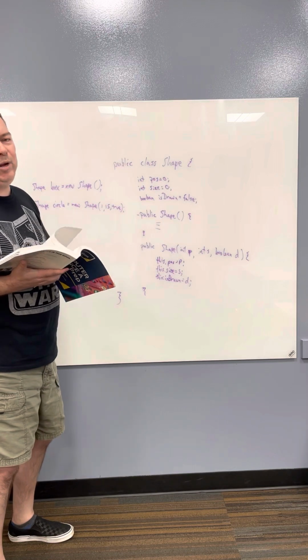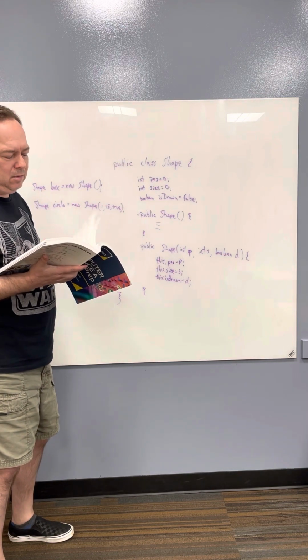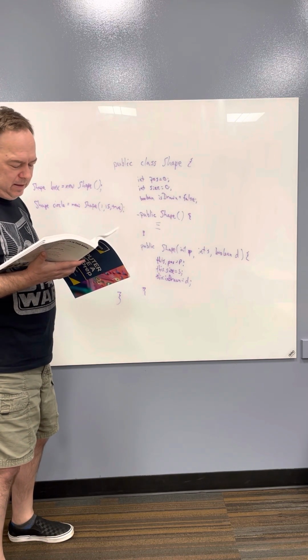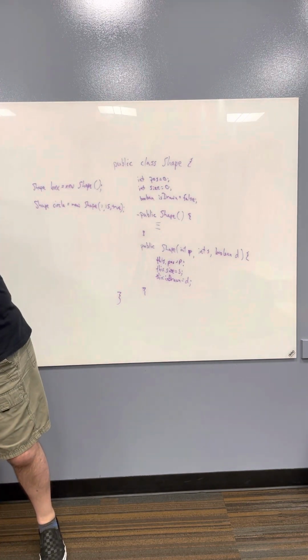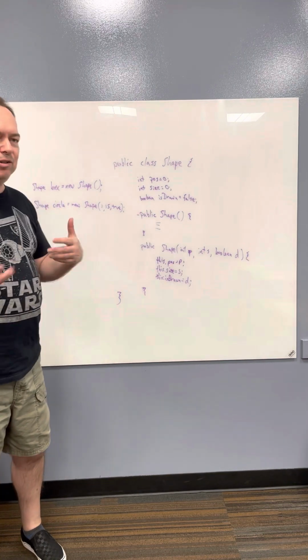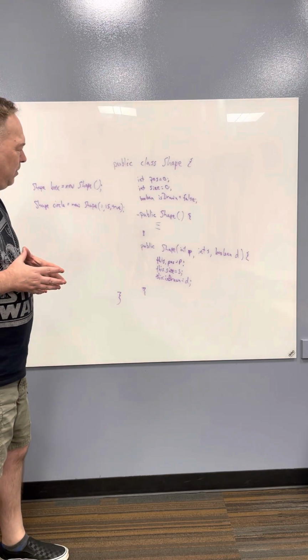Your book talks about preconditions and postconditions. These are comments, honestly. There are languages that actually can force you to do it in code, but Java isn't one of them.